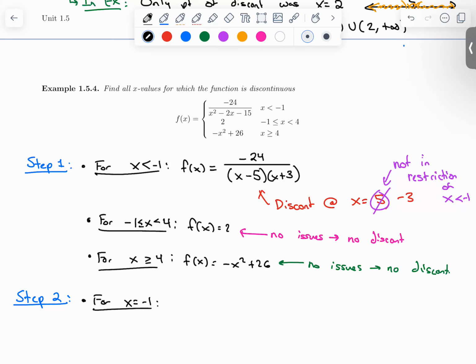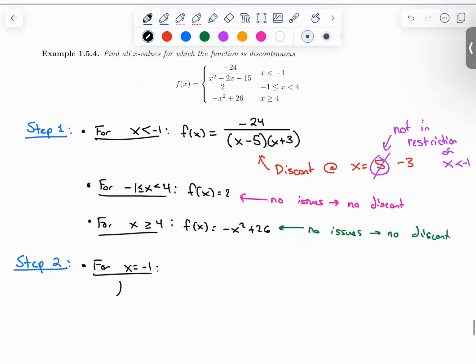For x equals -1, we're going to check the left-hand limit, the limit as x approaches -1 from the left of f of x. Which function would that be: top, middle, or bottom? Top, because we're approaching -1 from values slightly less than -1. So this is the limit as x approaches -1 of -24 divided by x squared minus 2x minus 15.